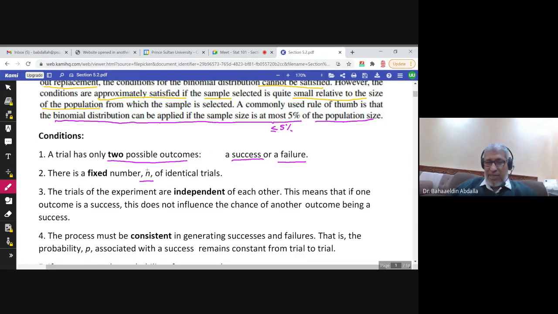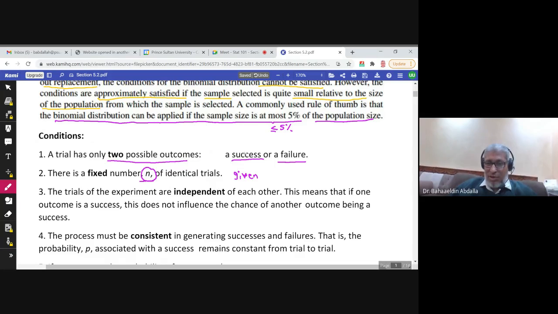There is a fixed number of identical trials, n. So n is the number of trials, and this number has to be given in the question. He has to give you the number of trials. So he will say, toss a coin 10 times. When I say toss the coin 10 times, this means the number of trials is 10.